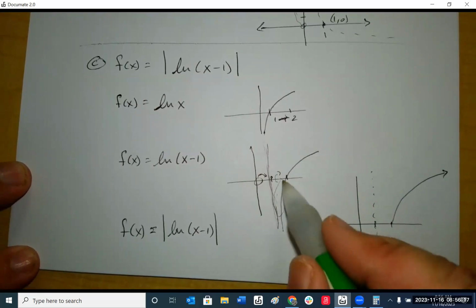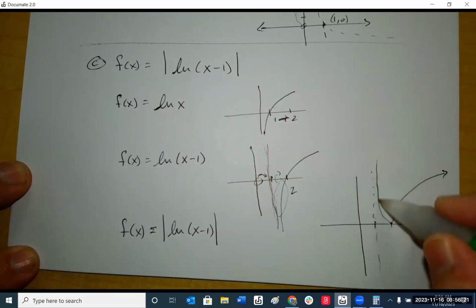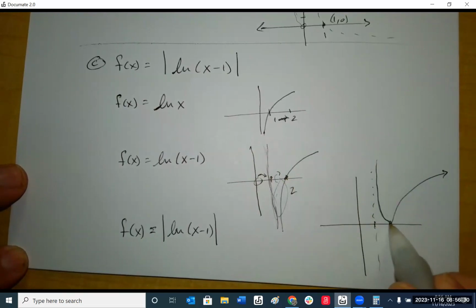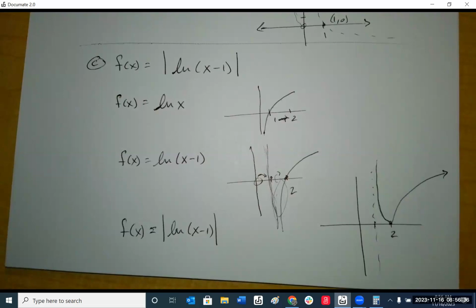Instead of being negative, they have to become positive. So it still touches that 2, but instead of being negative, I rotate it up. And it has to get close to the vertical asymptote.